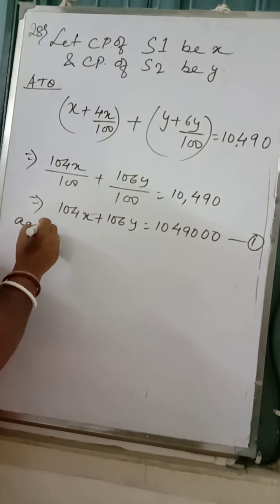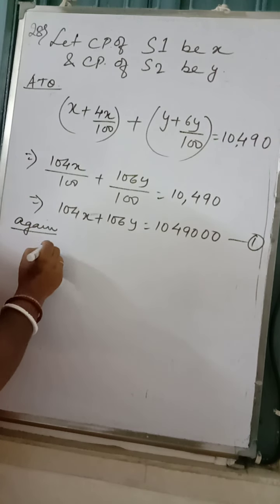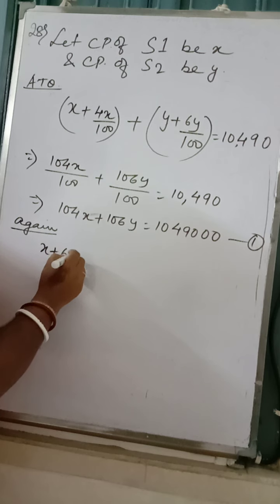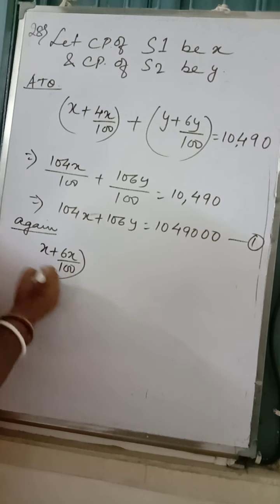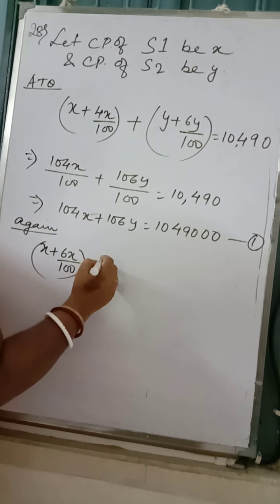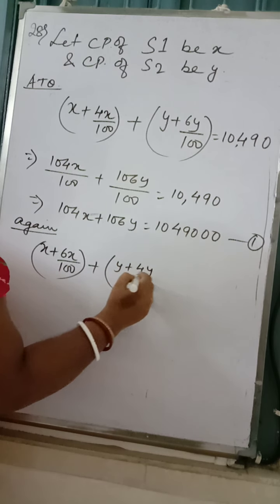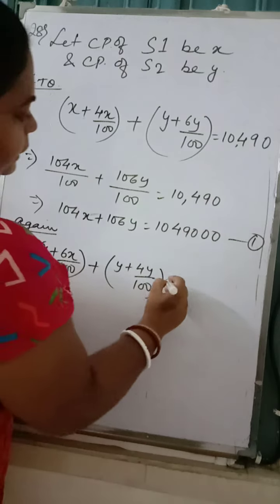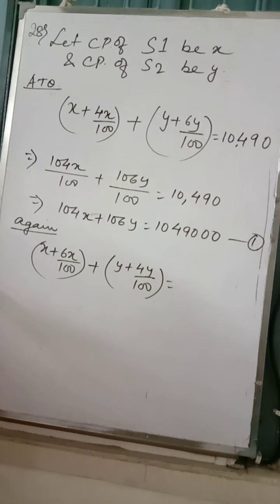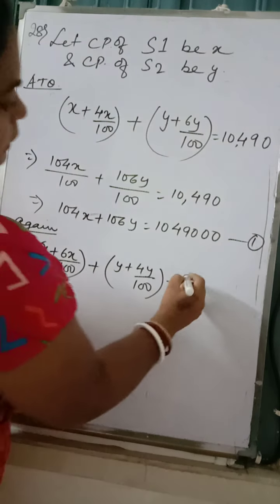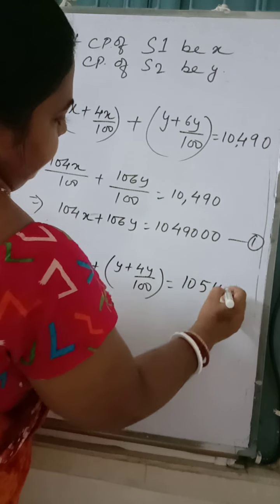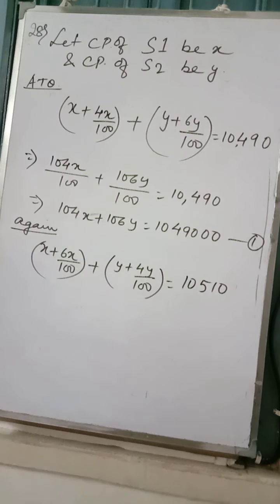Again it says, if there is a profit of 6% on the first mobile and a profit of 4% on the second mobile, then the selling price would be 10,510. So in the second case I have written 6% profit on the first selling and 4% profit on the second selling.